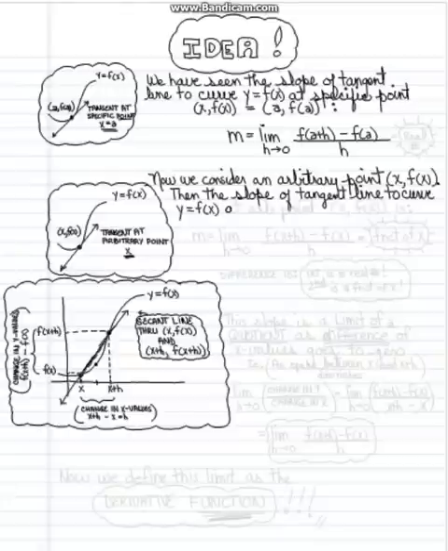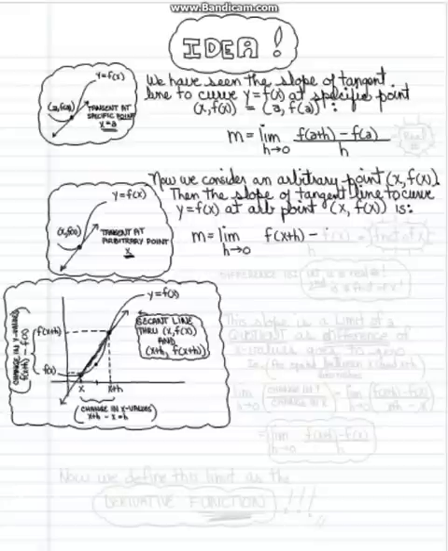A was a specific number, x is any value for x. The slope m will be equal to the limit as, again, h approaches 0, h being the difference between the distances between two x's, of the quotient f of x plus h minus f of x over h.